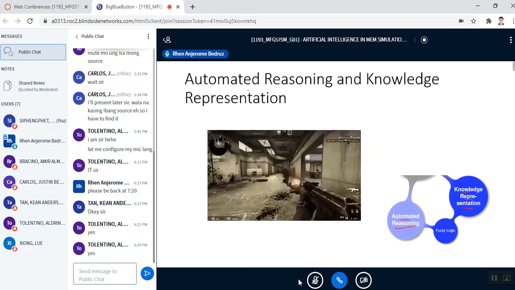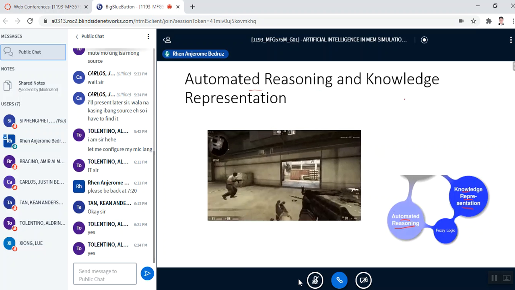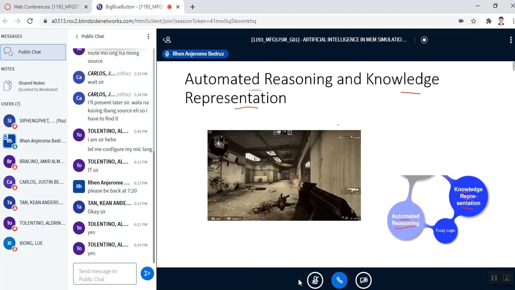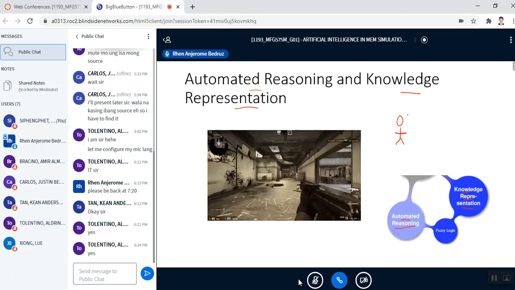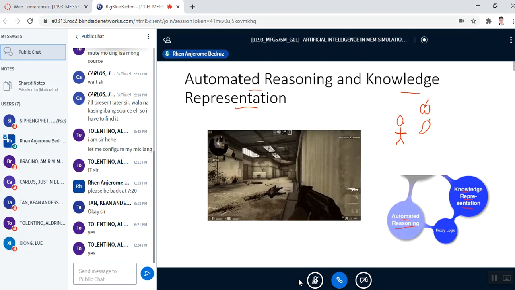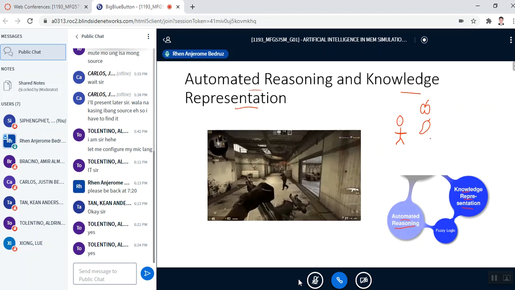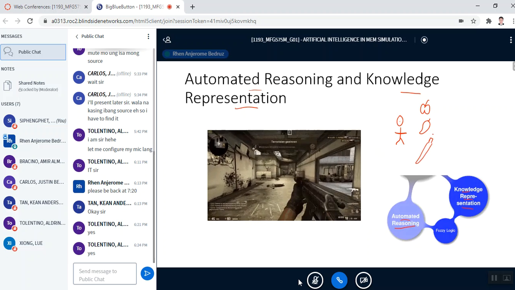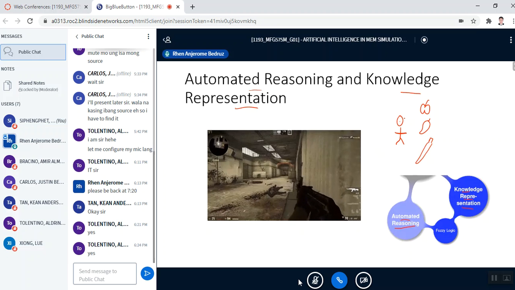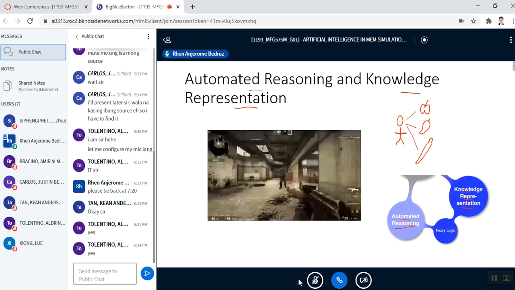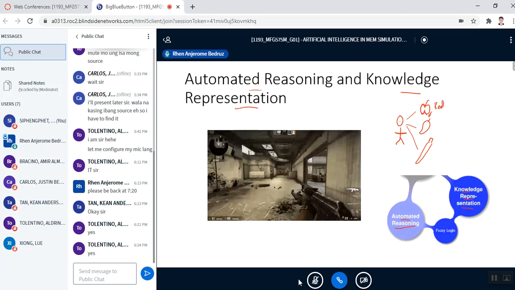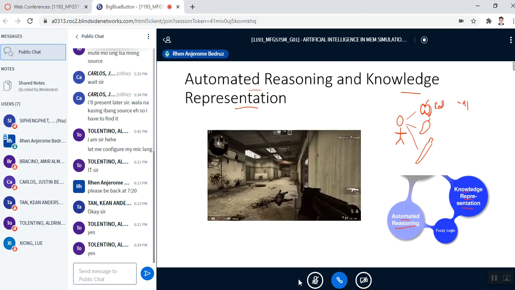Before we go into automated reasoning, first let's discuss what knowledge representation is. Let's say I have an apple, a mango, and a third fruit. If I see three different fruits, I must represent them. For example, if I see a red circular fruit, this is an apple.